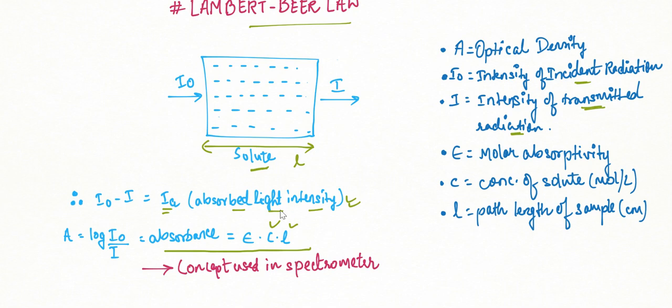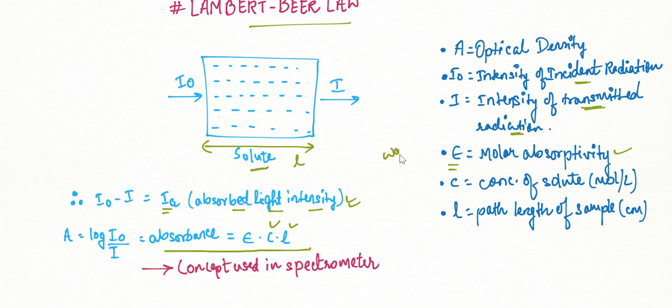Now the absorbance will be equal to the concentration and path length multiplied by a constant which is called the molar absorptivity, represented by epsilon. This epsilon or molar absorptivity is dependent on the wavelength.